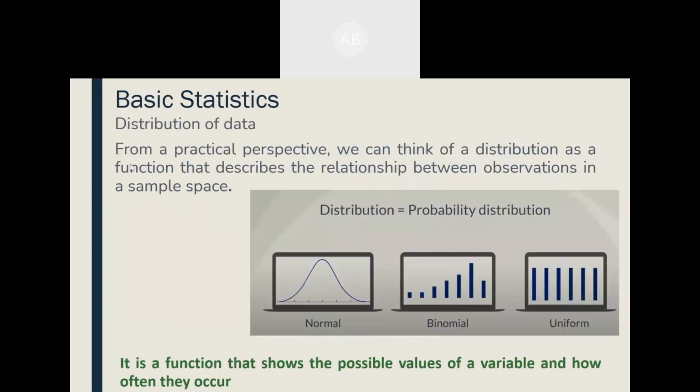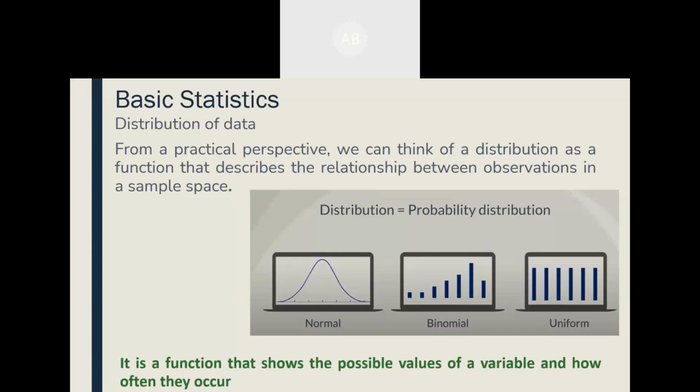Then the next is the distribution of the data. When we talk about distribution, from a practical perspective, we can think of a distribution as a function that is capable of describing the relationship between observations in a sample data set.